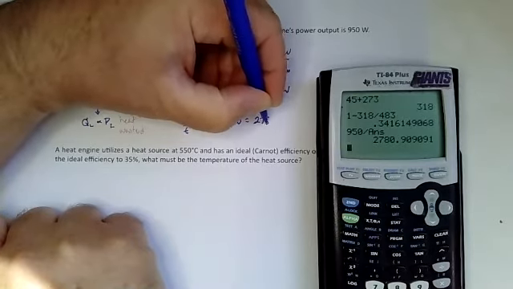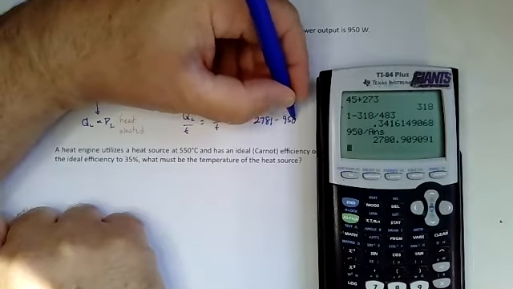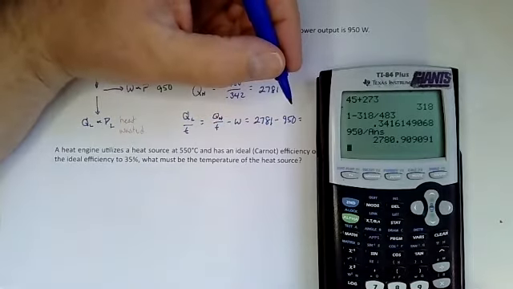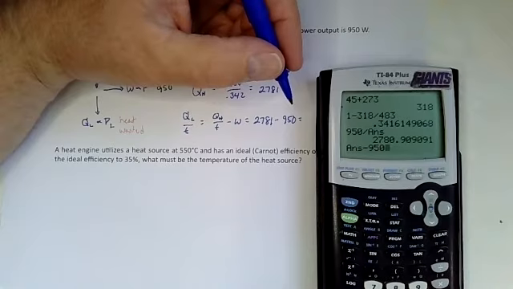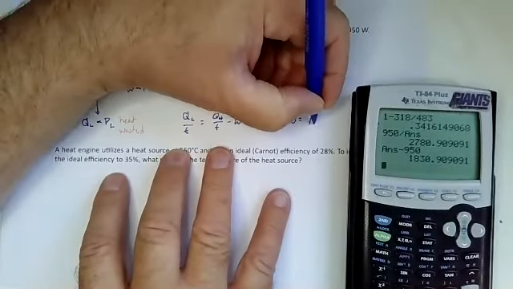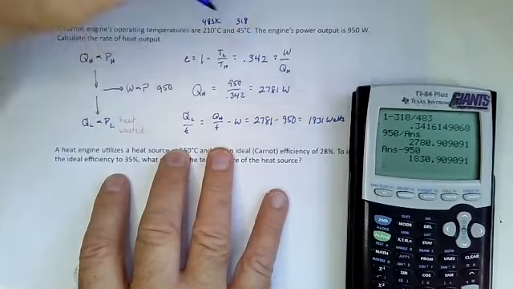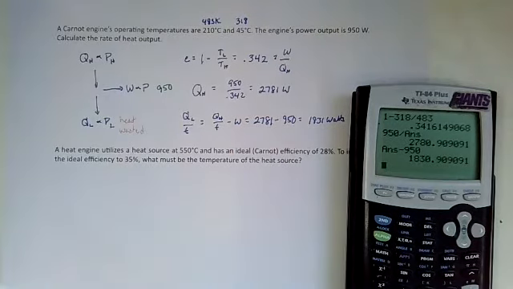So 2781 minus 950. Okay, 1831 watts. Yeah, right. Your car engine gets hot, doesn't it?